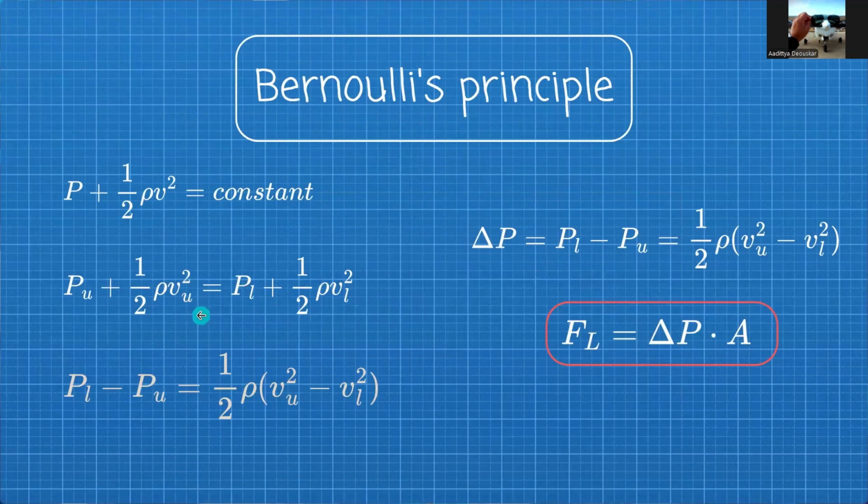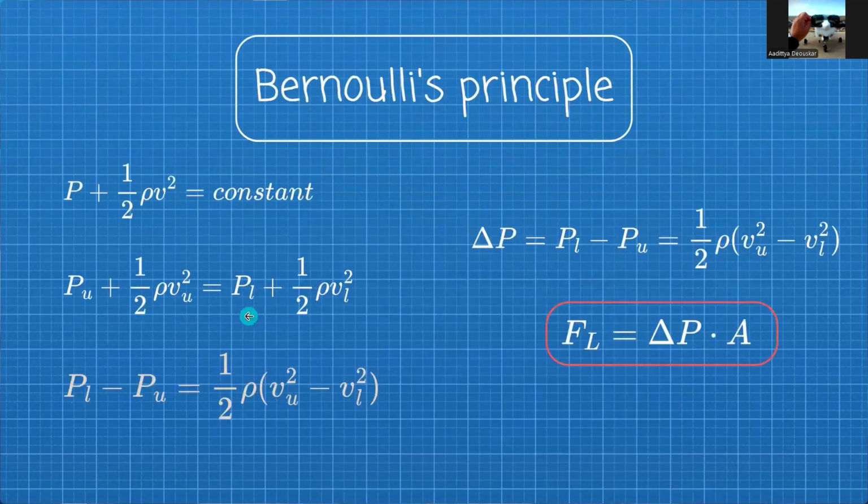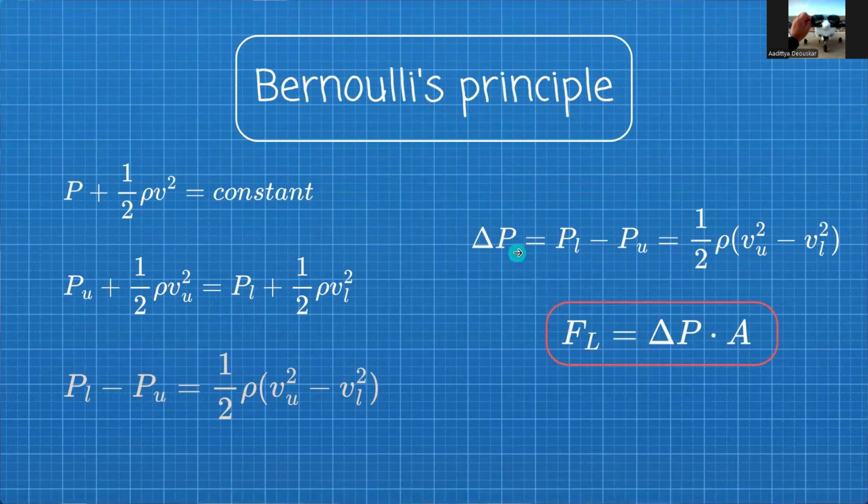So from this expression, as I mentioned, the lift force is generated by the pressure difference. So this means we need to find the pressure difference. Transferring this term here and this term here and taking half rho common, we get this expression, and P_L minus P_U is delta P, or the pressure difference. Now you may know that pressure is force upon area.